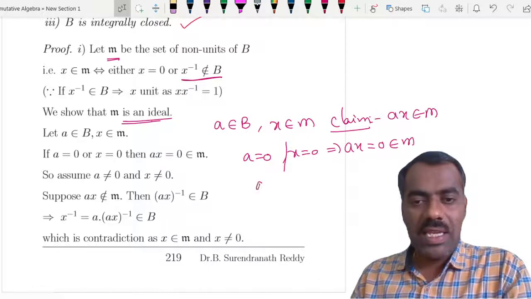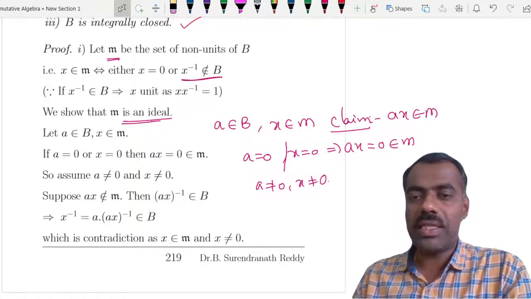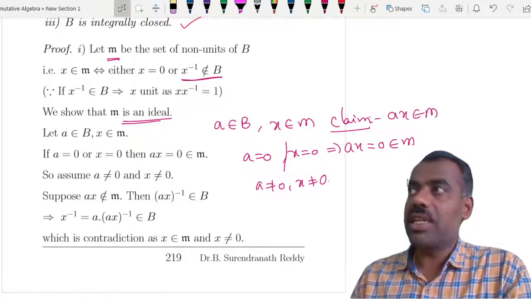So assume that a is non-zero as well as x is non-zero. We want to show that ax is in M.